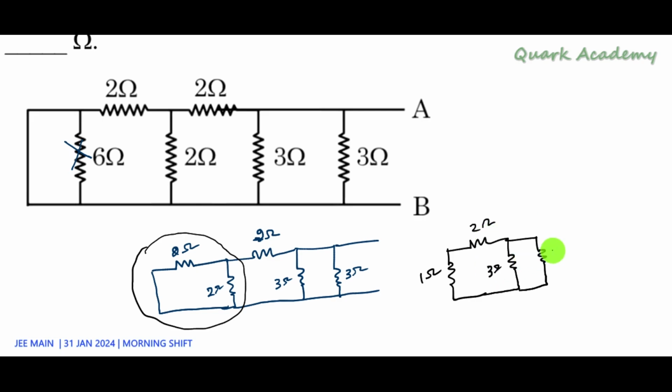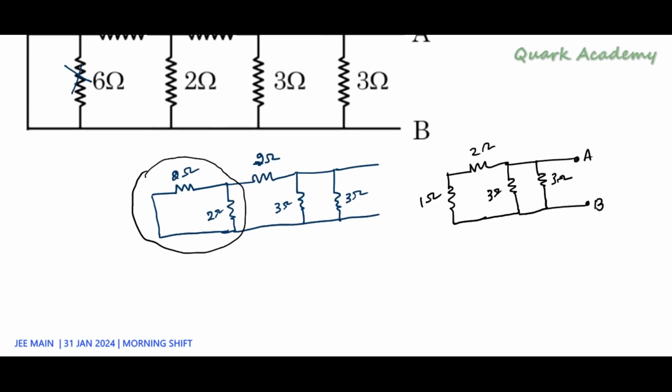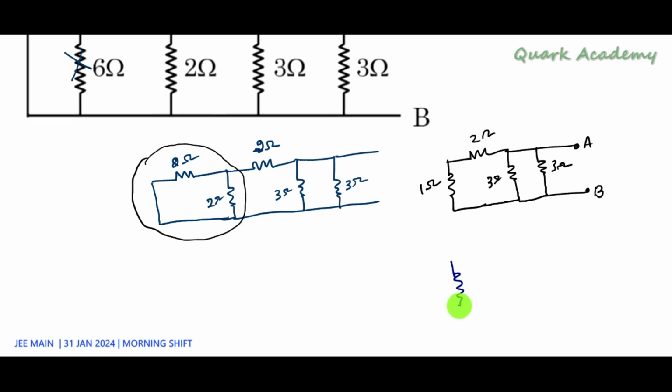Then another 3 ohm here. These are the points A and B. Now if you look at 1 ohm and 2 ohm, they are in series. If they are in series, we can simply add them. So it will become 3 ohm, here 3 ohm, again here 3 ohm.